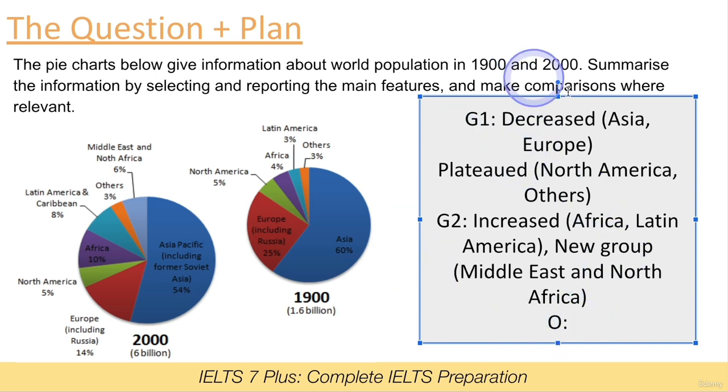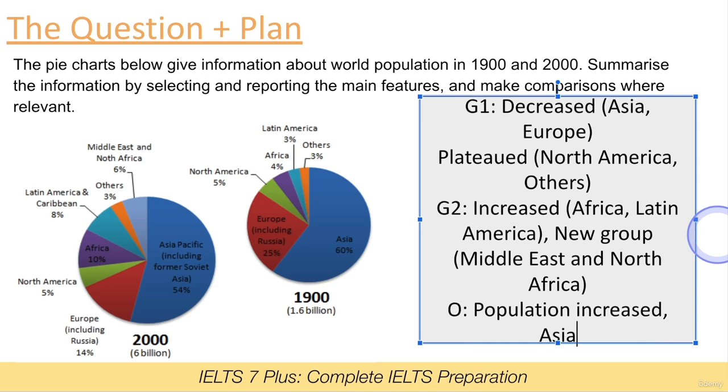Okay, so another important task to do in this type of question is to write an overview. So we can write notes here. It doesn't have to be full sentences. Population increased, however, from 1900 to 2000.